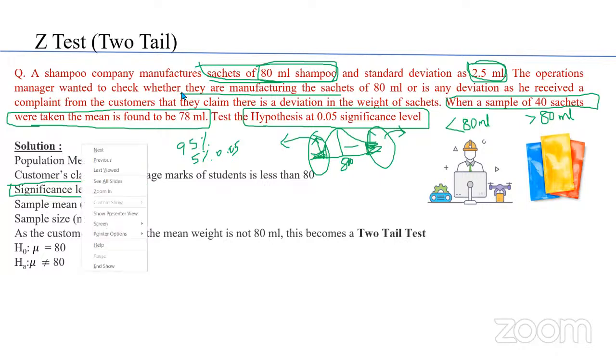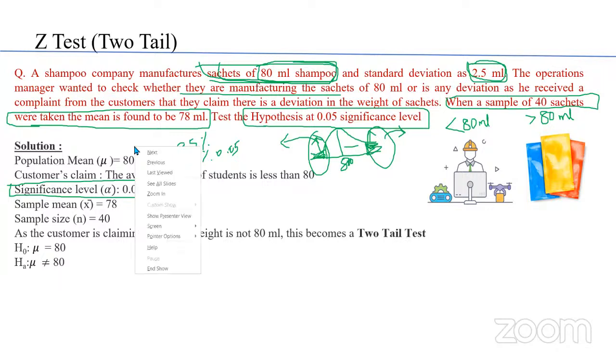And the population mean we have assumed is 80 ml. That is what is given in this case. And what is the standard deviation? Is the standard deviation for a population or a sample? Population.